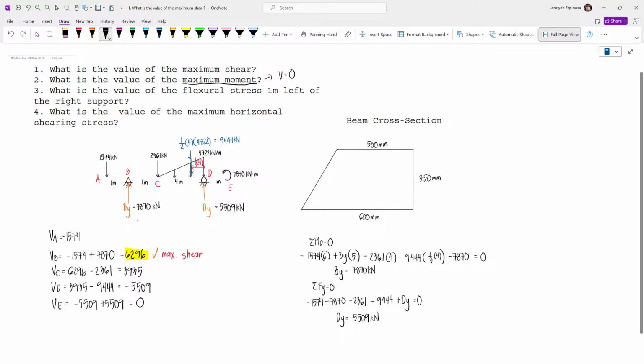Now, if diri pud sa BC, still, our load is concentrated. So, wala ra gyapon ma-change. So, most likely, na diri ang maximum moment. So, akong buhaton, dira na lang kung mag-cut.